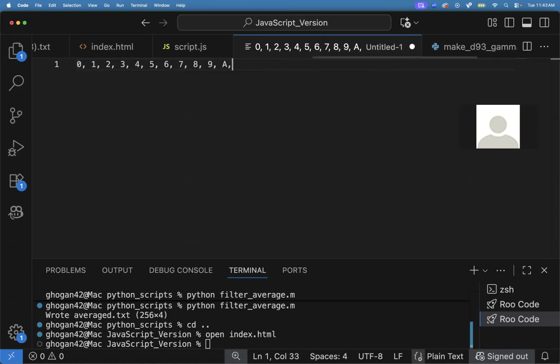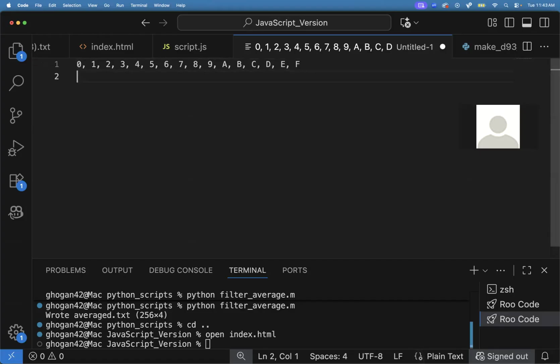So we use A, B, C, D, E, F. If you count those up, you have 10 to get up to here, and then 11, 12, 13, 14, 15, 16. 16 possible digits.